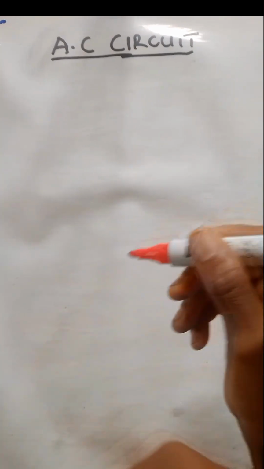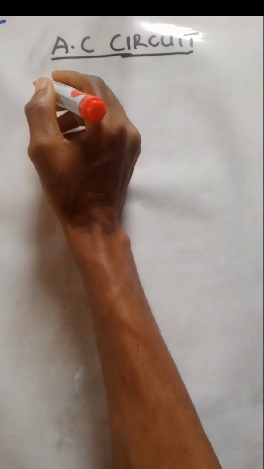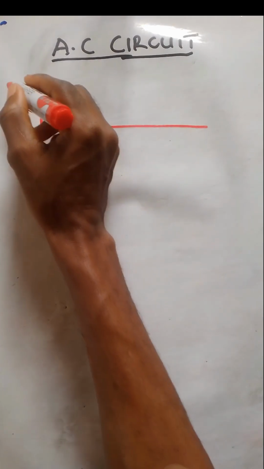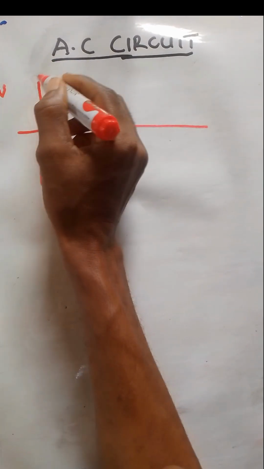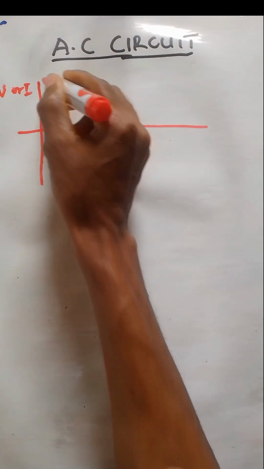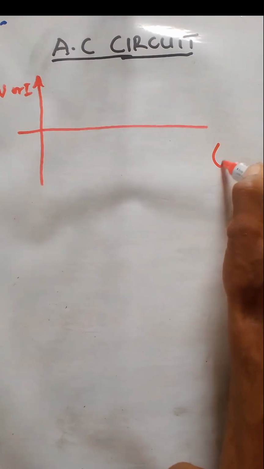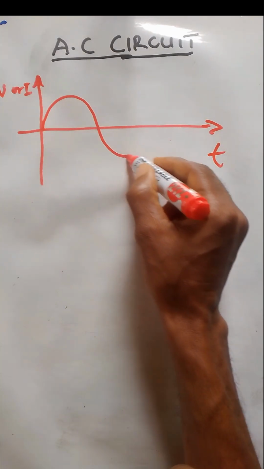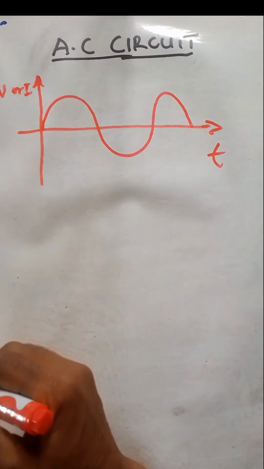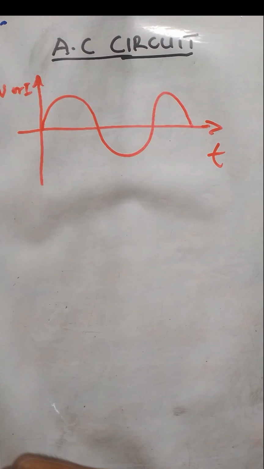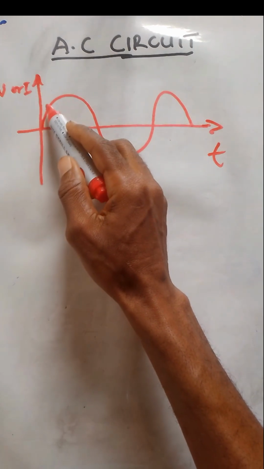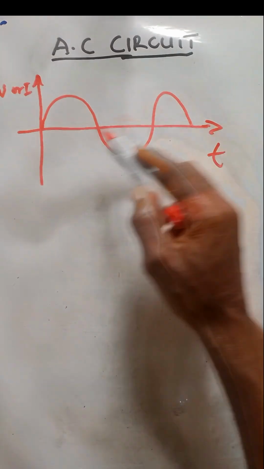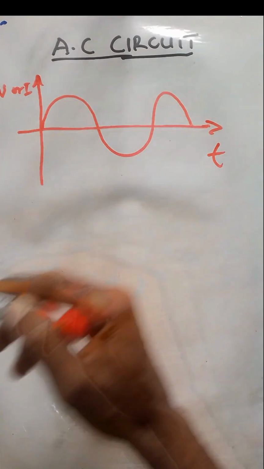And when you plot a graph of the current or the voltage, or current on the vertical against time on the horizontal, you have a sinusoidal curve. So the current changes periodically from positive value to negative value, so it oscillates along this form.